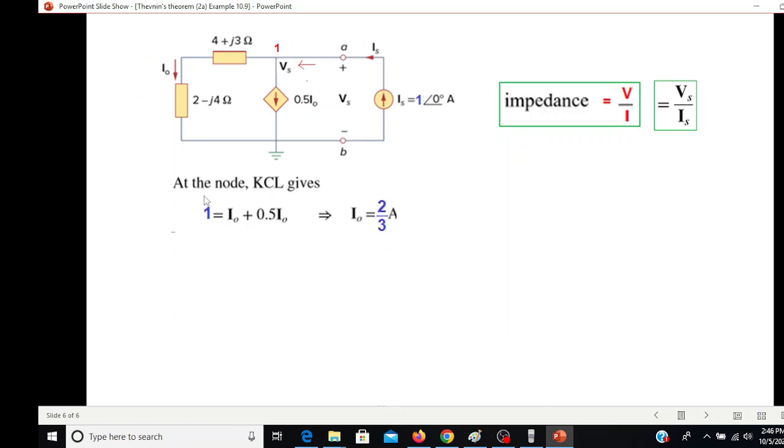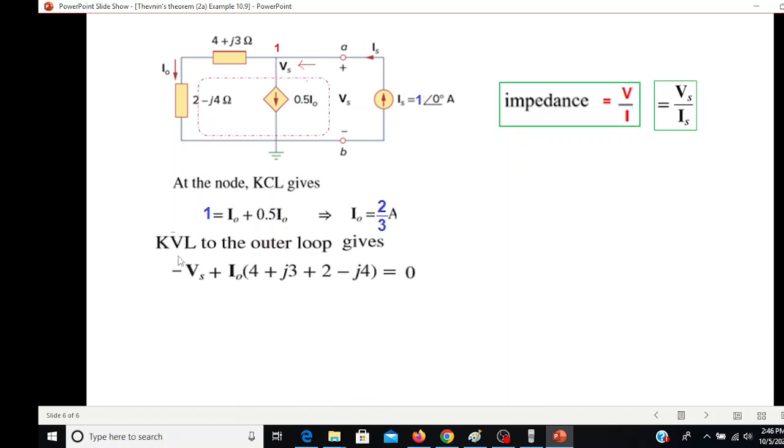Now we write the KCL at this node. This is the current entering, 1 ampere, and these two are the currents leaving, I0 and 0.5 I0. And from here, we write the KVL equation for this loop. So it is minus Vs plus I0 into these two.